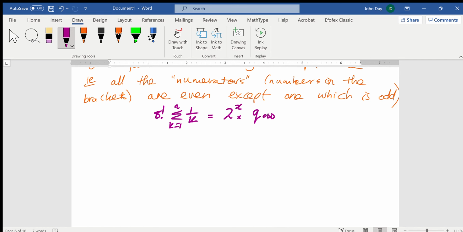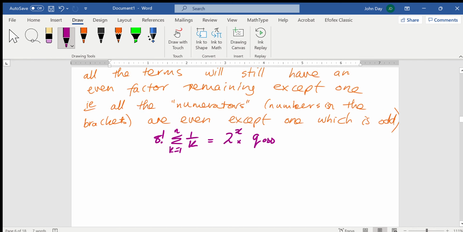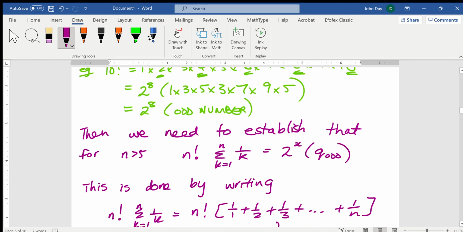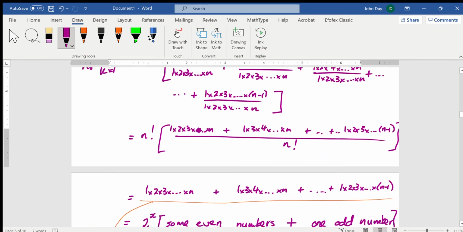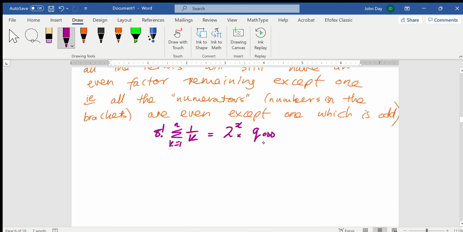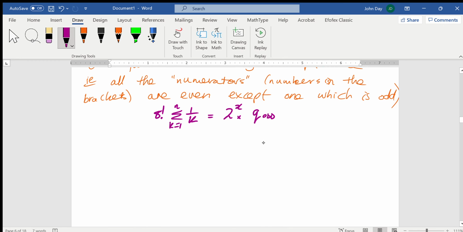We've already explained up here what we mean by that. We need to establish that 2 to the x is the highest power of 2 that can be factored from those n terms, and we're left with an odd number q. So I might just write that where q is an odd number, in case.